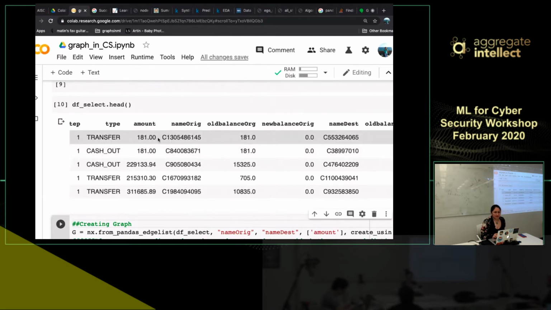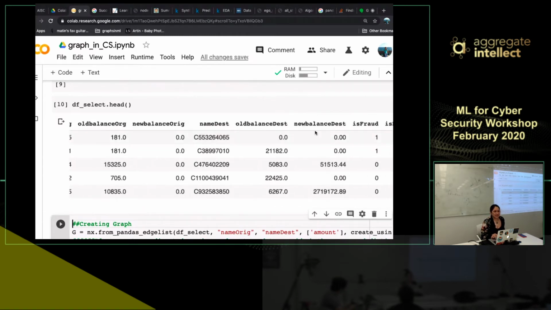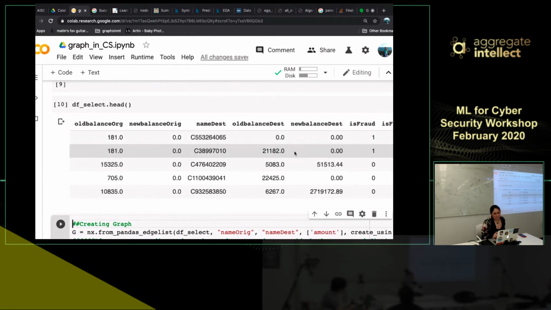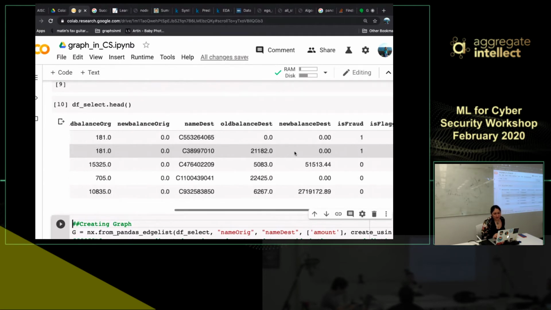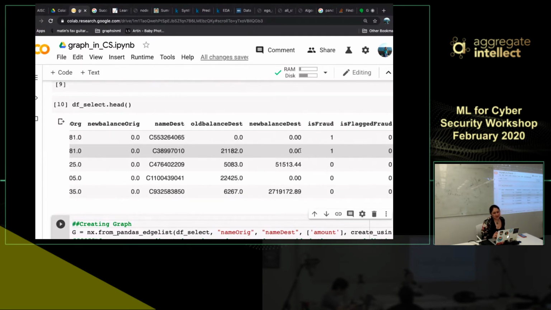The amount of $181 went out, but it never was received in the destination. And it's fraud. Also, the same here. The amount of 181 went out and never received. Like new balance is 0.